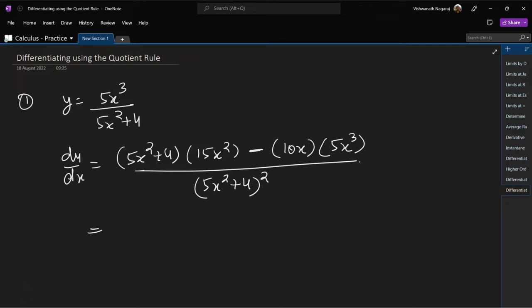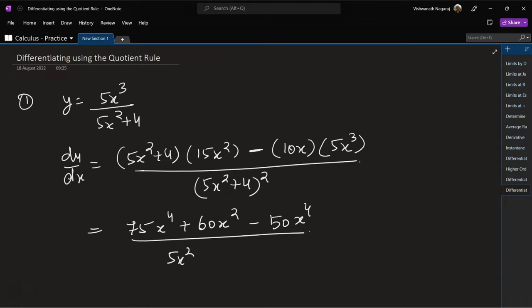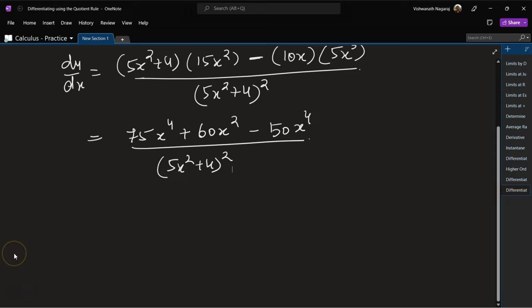Now we just simplify it. So 15 fives are 75x to the power of 4 plus 15 fours are 60x square, minus 50x to the power of 4, by 5x square plus 4 square. Denominator, don't expand it too early because then you will have to end up writing it again and again.